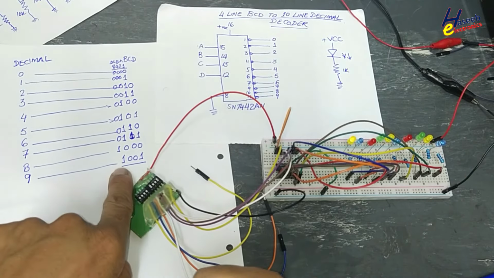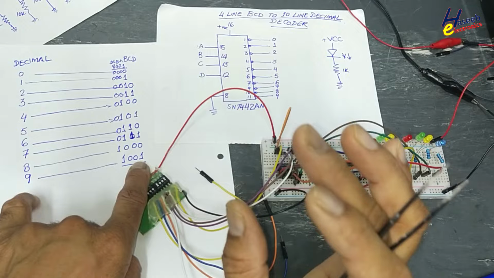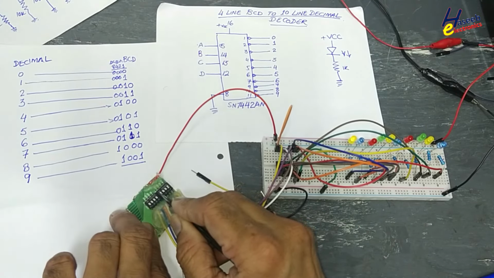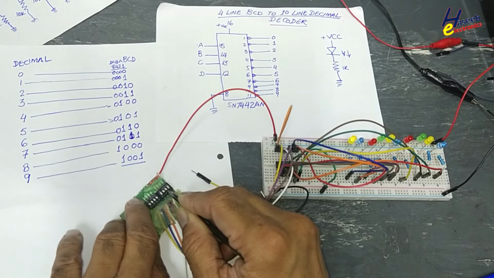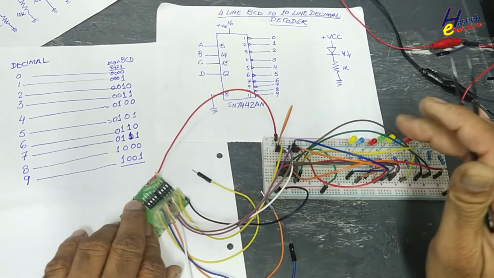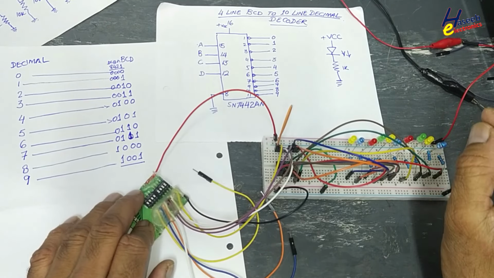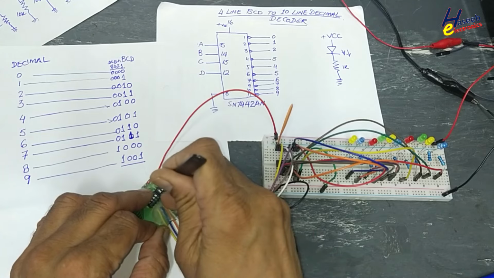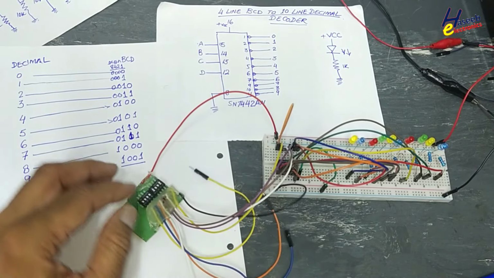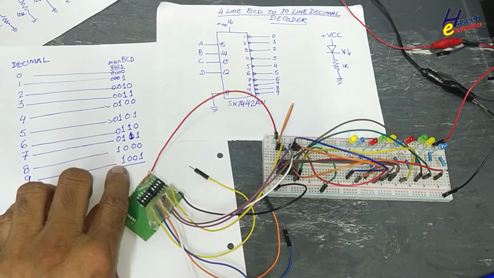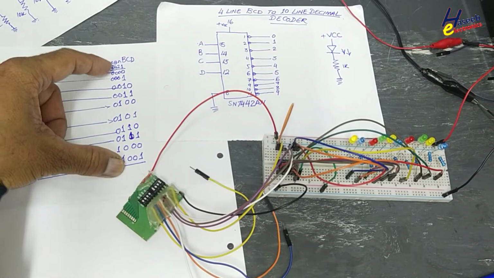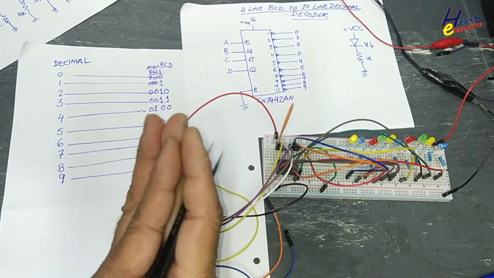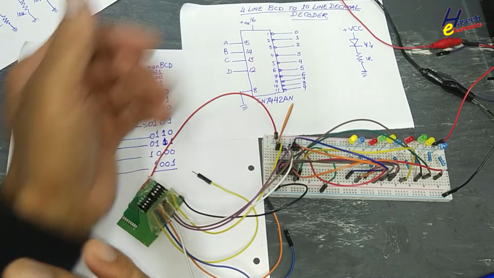So the maximum 1001 is a possible address setting. If I turn on more bits high, suppose 8 plus 1 is 9, if I turn on one more, all outputs will be disabled because we turned on an invalid location. From 0000 to 1001, this BCD code can be provided to this IC. Then it will convert that 4-line BCD code into 10 decimal locations.